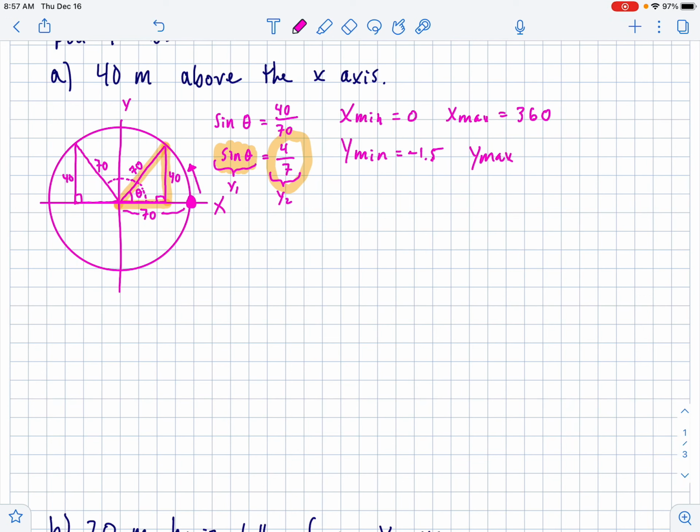So do negative 1.5 on the y min, and then the y max, we'll do positive 1.5. Sorry, I keep saying this, like you guys can see what I'm talking about. This is in your y1 and this is in your y2. Go ahead and hit enter, and you should see something like this.